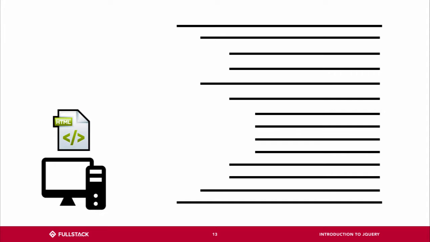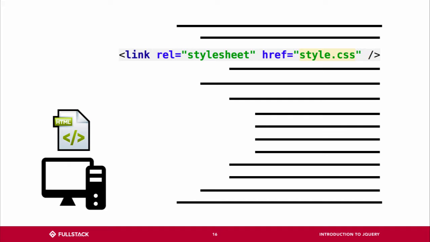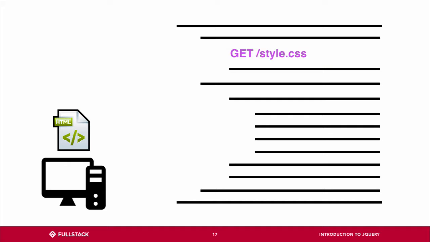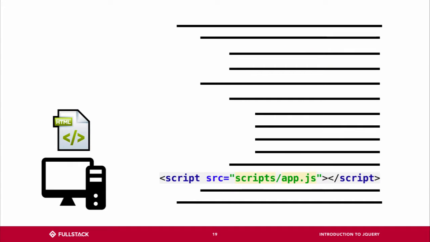What happens at that point is that this page ends up getting read and parsed by the browser, and as it goes through, if it sees other requests, it'll end up making those other requests. And if it sees a request in a script tag, it'll make that request for a JavaScript file.